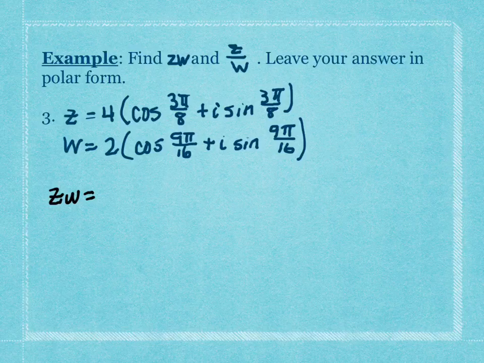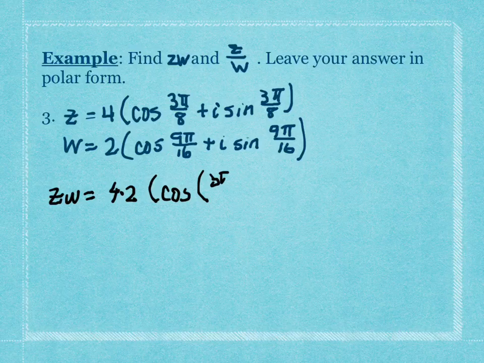What the formula in the previous slide said I needed to do is multiply the two r values. So this is 4 times 2. And then I need to write this as the cosine of the angles added.